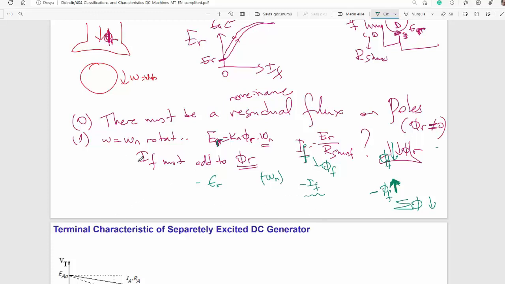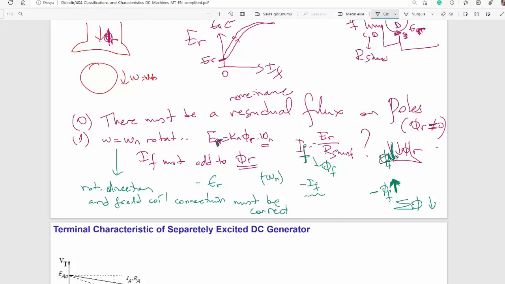So rotation direction and field coil connection must be correct.